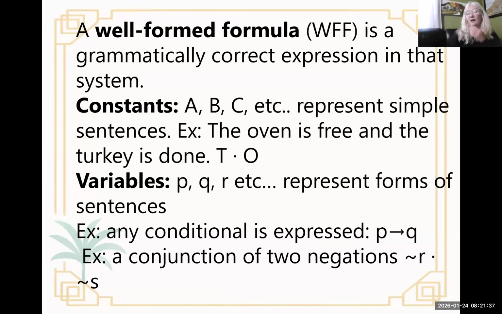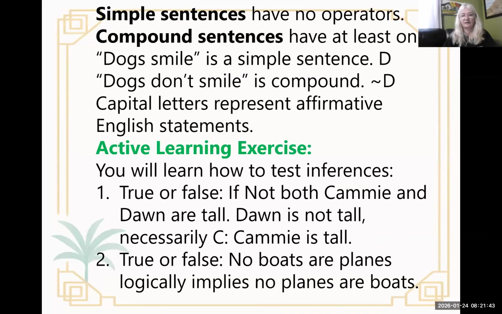By the end of this part of the semester, you'll be able to answer these in rigorous ways that allow you to connect the sentences here, "not both Cami and Don are tall," with "Don is not tall and Cami is not tall," so that you can show, not just tell, why you think it is valid or invalid, or why you think it is true or false.